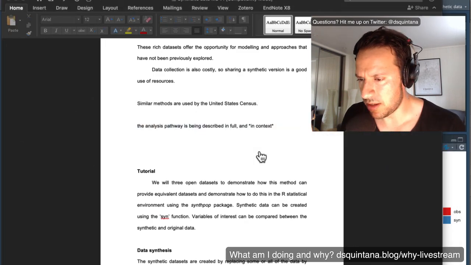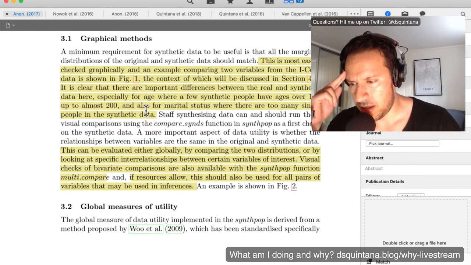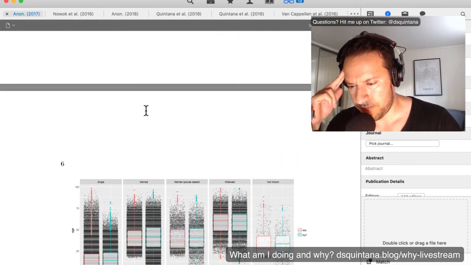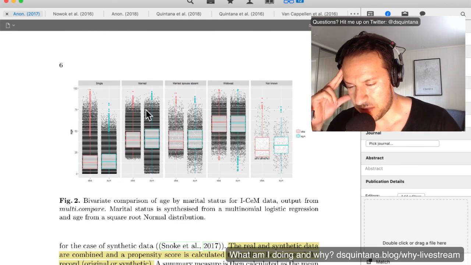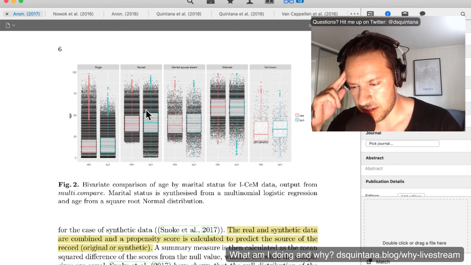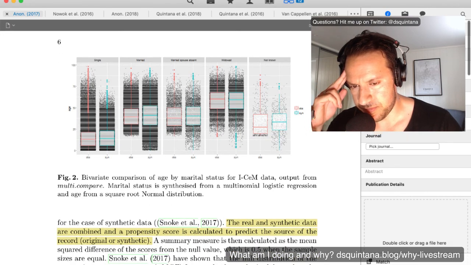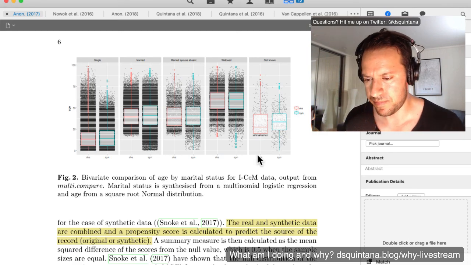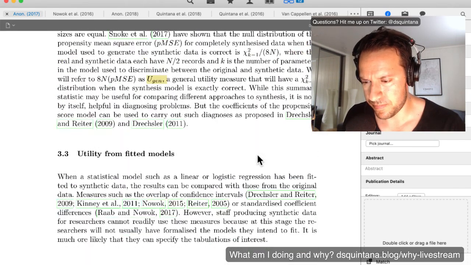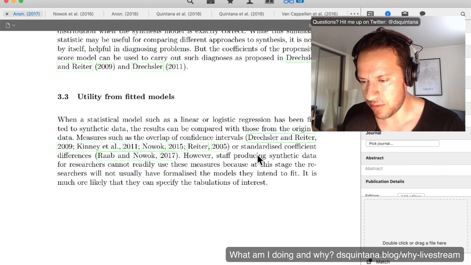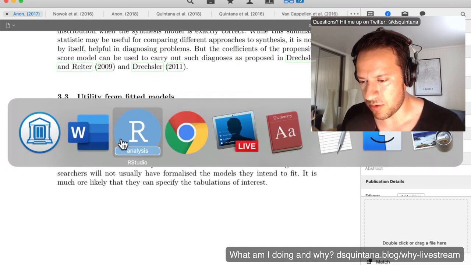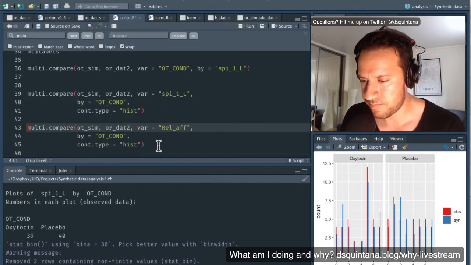What else is recommended here? Yeah, that could be nice, but that seems to work when you have larger data sets to make a plot like that. Yeah, and the utility from fitted models we have already demonstrated quite nicely.